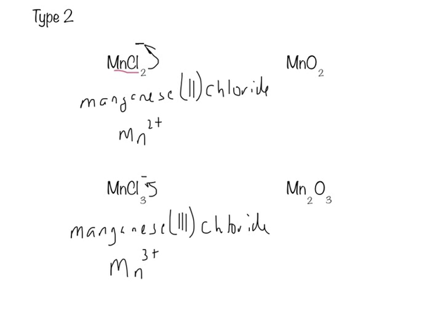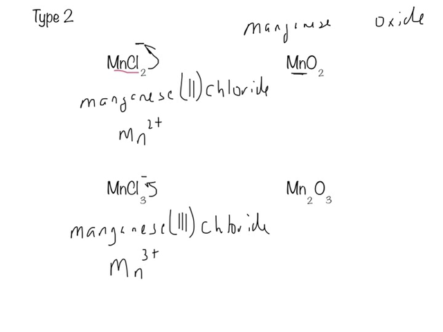If we move on to our next compound, we have the manganese with an oxygen. So we would write this out as manganese oxide. But what is the charge on the manganese?